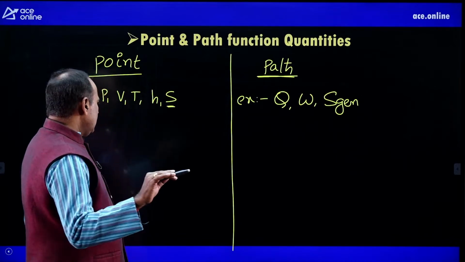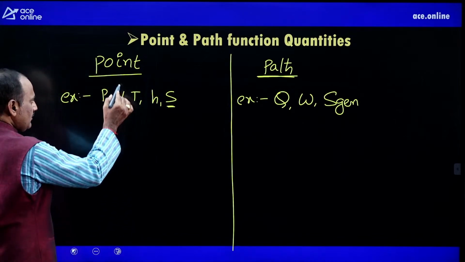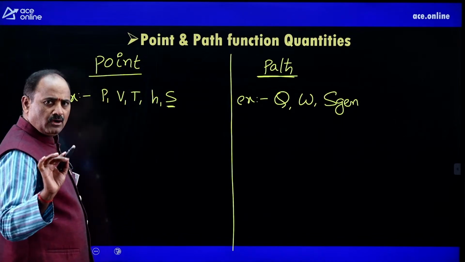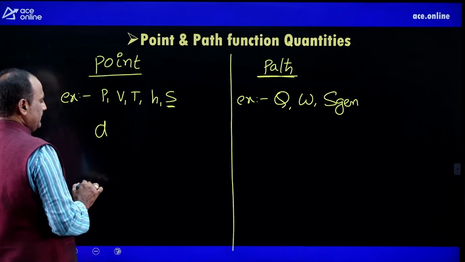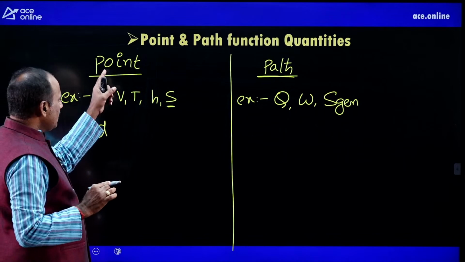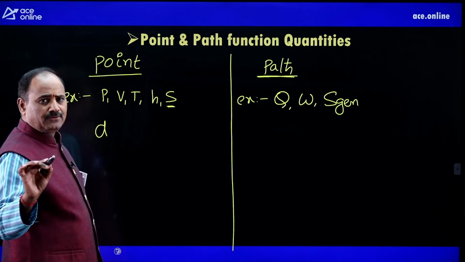Okay. The other important difference between these two is all point function quantities are operating with the exact differential d. Therefore, all point function quantities are also called the exact differentials.